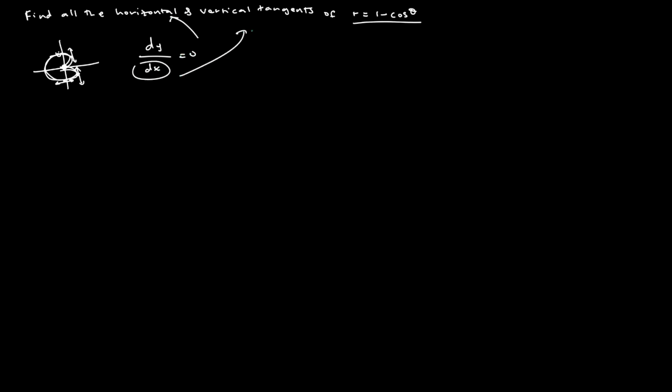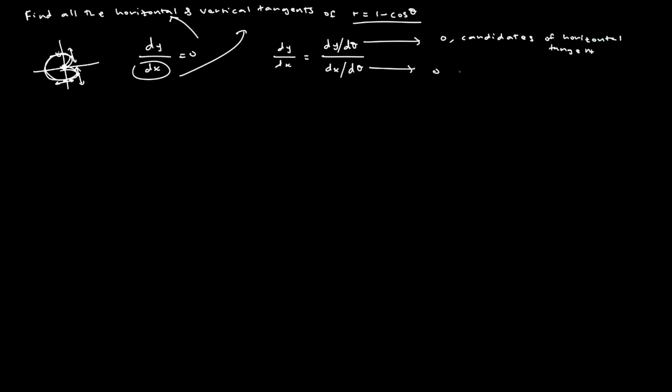And we also know that because this is a polar function, dy over dx is simply equal to dy over d theta divided by dx over d theta. So whenever the numerator is equal to 0, we have candidates of horizontal tangency, and then whenever the denominator is 0, we have candidates of vertical tangent.